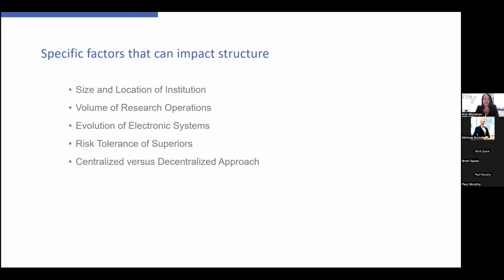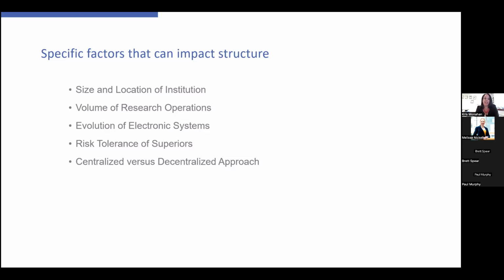Understanding what your risk tolerance is important and may impact where you put emphasis in terms of staffing and in terms of growth.